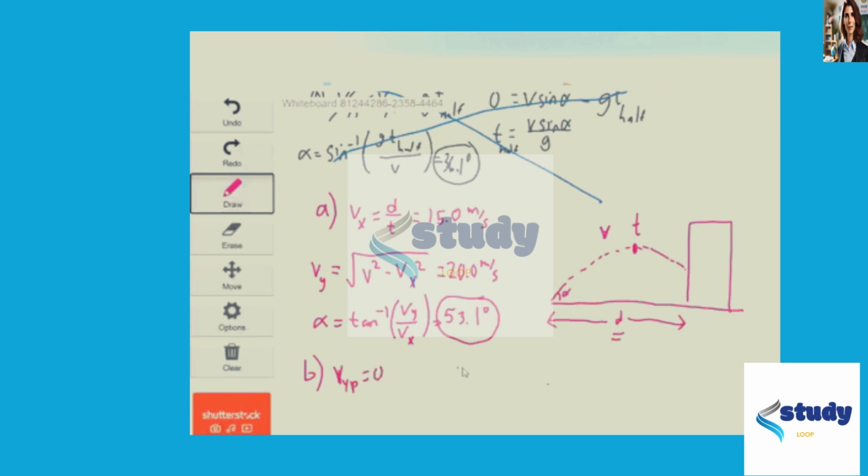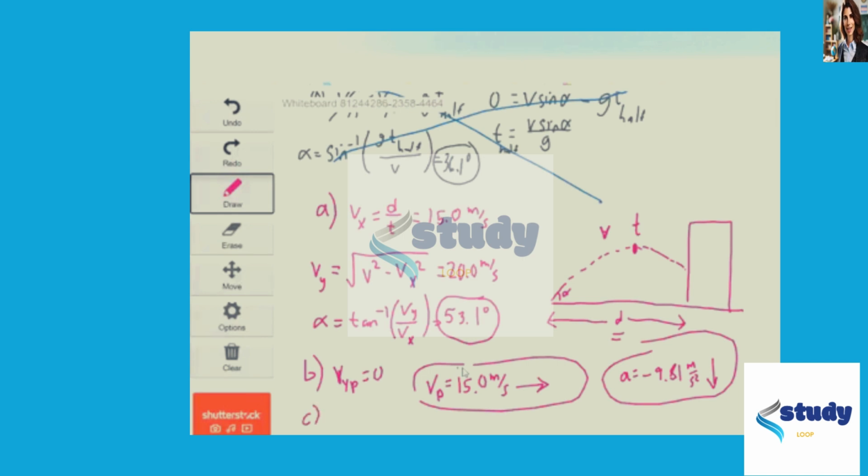So it's just going to be Vy in the x direction, which means V at the peak is going to be 15 meters per second in the horizontal direction. Okay. What's the acceleration? Well, the acceleration is just going to be g, which is negative 9.81 meters per second squared downward.